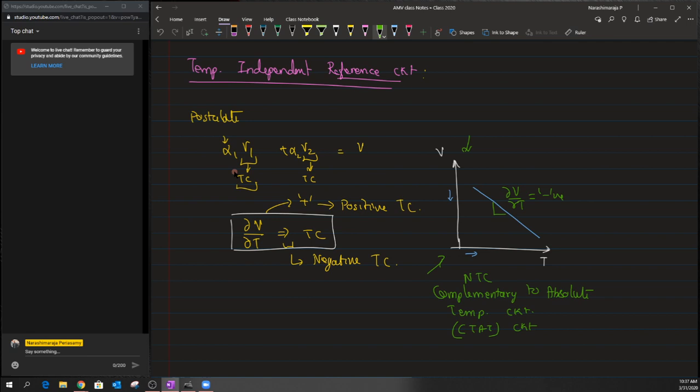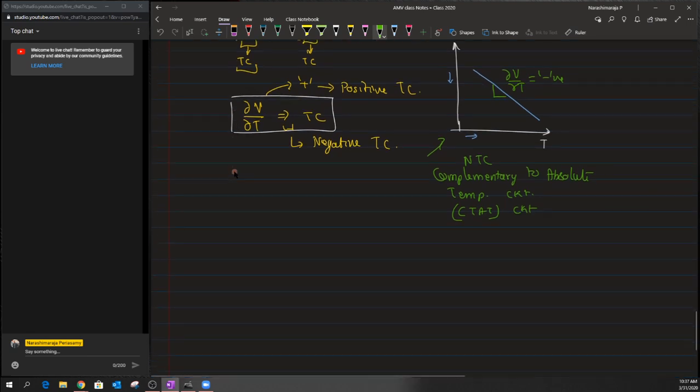I hope you're clear with this, and obviously one could even guess the other way around: a graph that has the opposite nature, where I have a voltage with respect to a temperature, and a graph which varies in this particular fashion. When you read the slope of this graph, the slope returns the temperature coefficient, and that value will be a positive quantity, just because an increase in temperature results in an increase in the voltage, due to which it returns a positive slope.